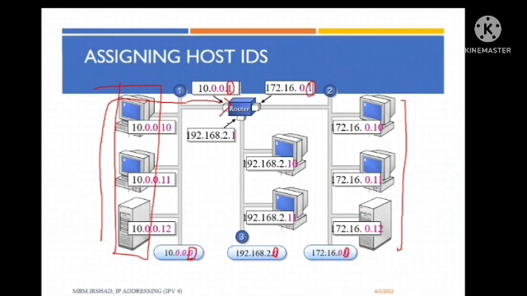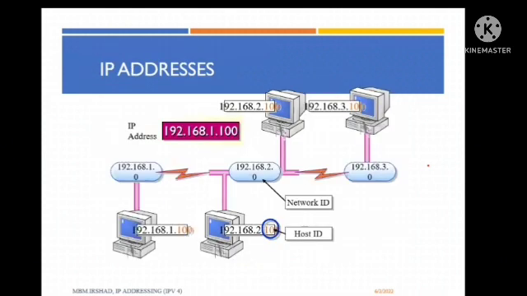For network 3 it is 1 as well, and the rest are hosts. So I think the diagram is really clear. Now you understood the difference between the host ID as well as the network ID. When I say IDs, they all refer to the IP addresses, right?